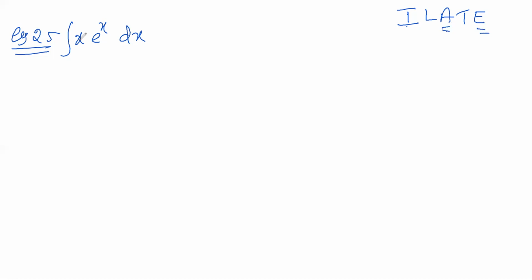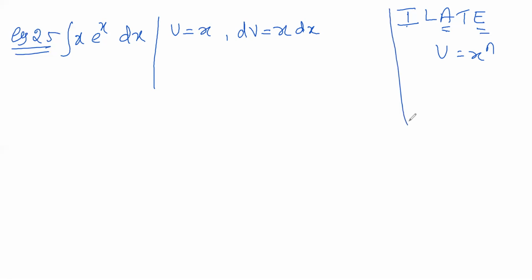So we choose u as x, u is equal to x, and the remaining term as dv, so dv is equal to e power x dx. Since u is of the form x power n, we are using Bernoulli's formula.